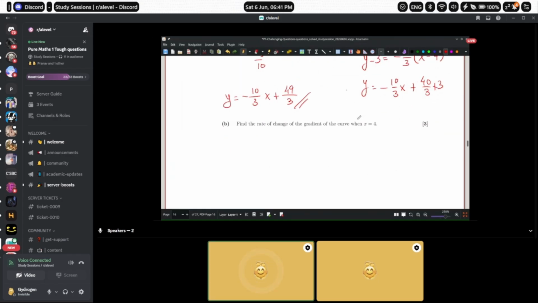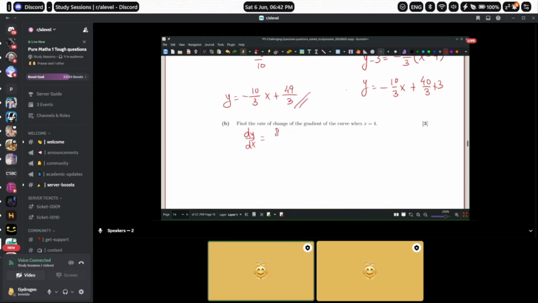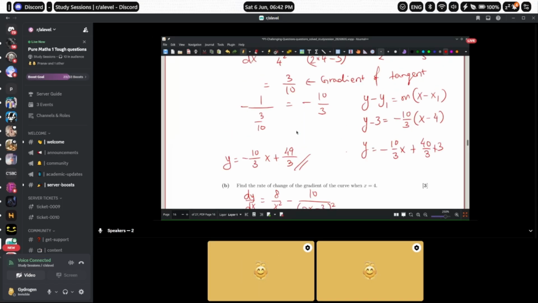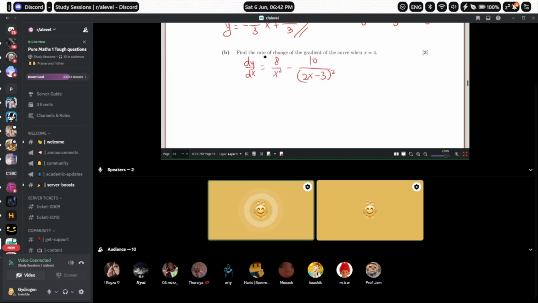Find the rate of change of the gradient of the curve. We are given that the gradient of the curve at any point is dy over dx, which is 8 over x squared minus 10 over 2x minus 3 squared. The rate of change of the gradient will just be the derivative of the gradient.